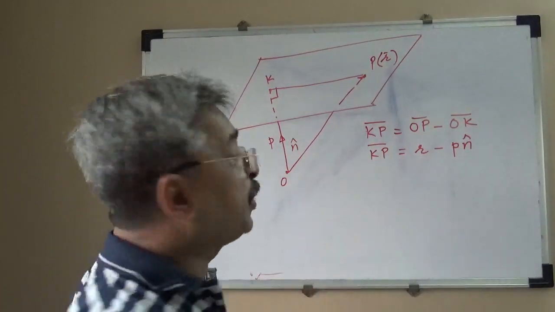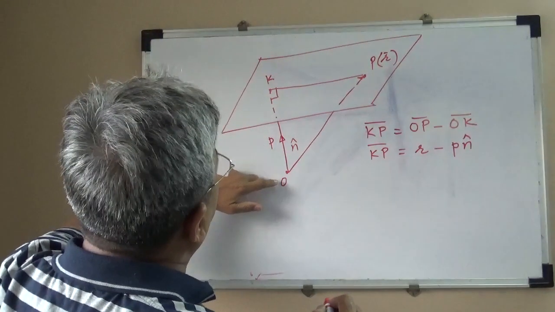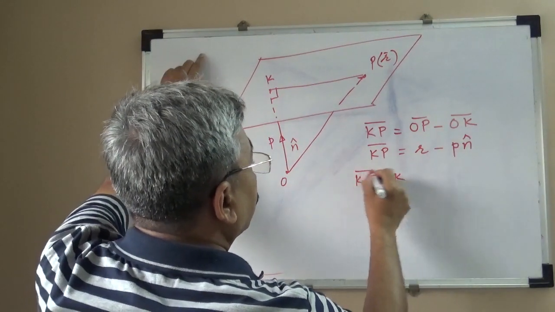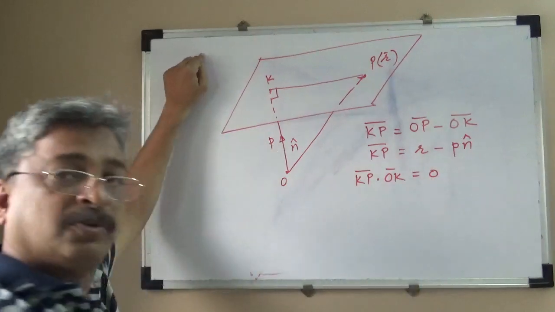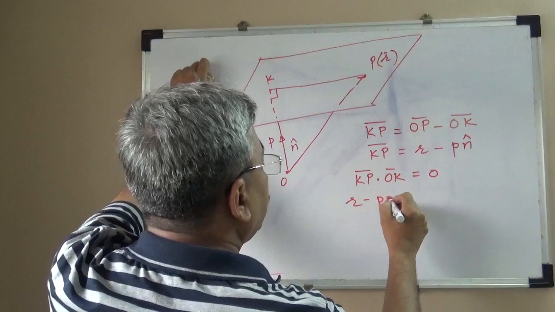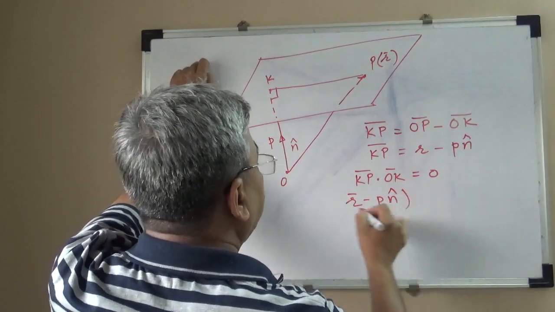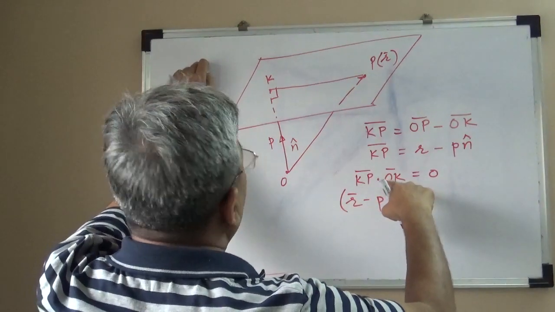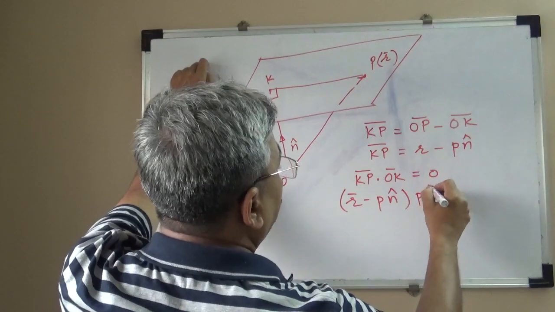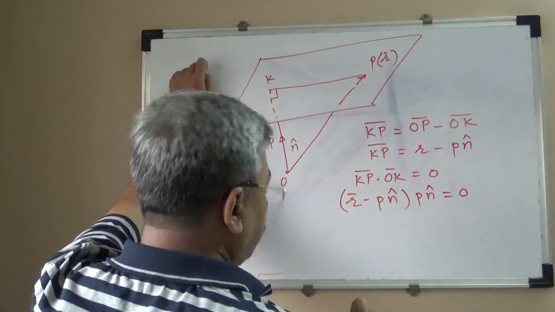We have not used the dot product yet, so let us use vector KP and OK. KP dot OK is going to be equal to 0 because they are perpendicular. So R minus P n cap, R is a vector, P is a scalar, dot what is vector OK? P n cap, is equal to 0. Is that right?